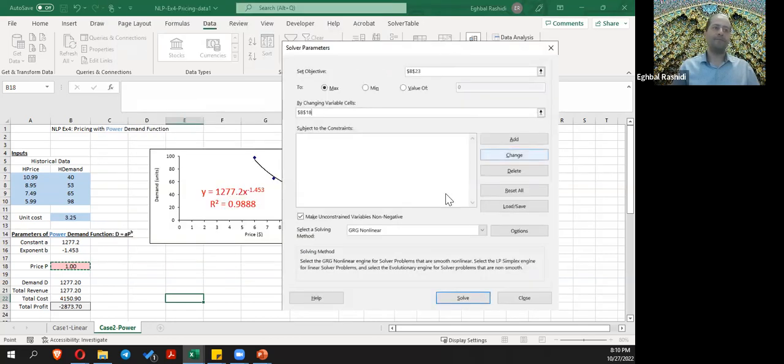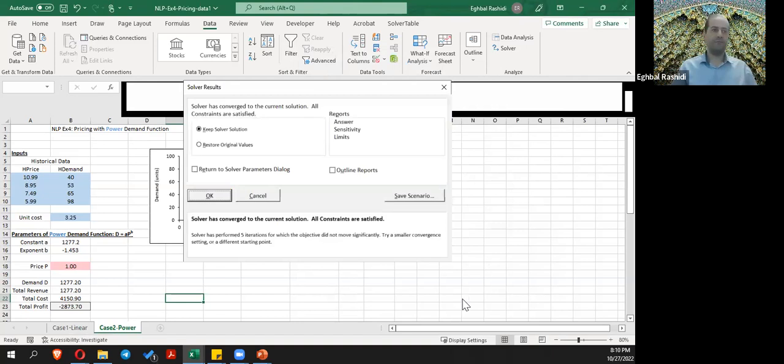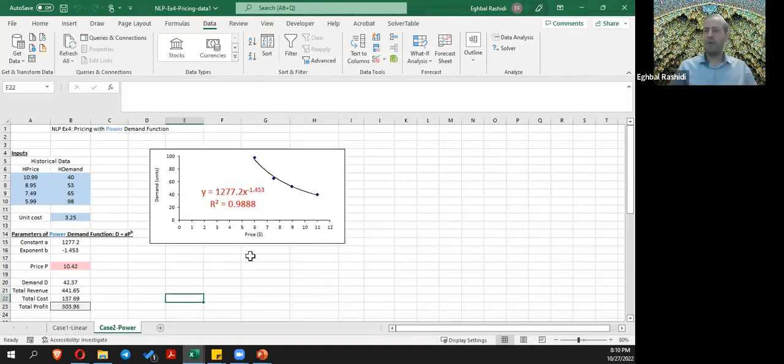And let me not add any constraint right now. So let's see if it can solve. But yeah, it actually found the optimal solution.